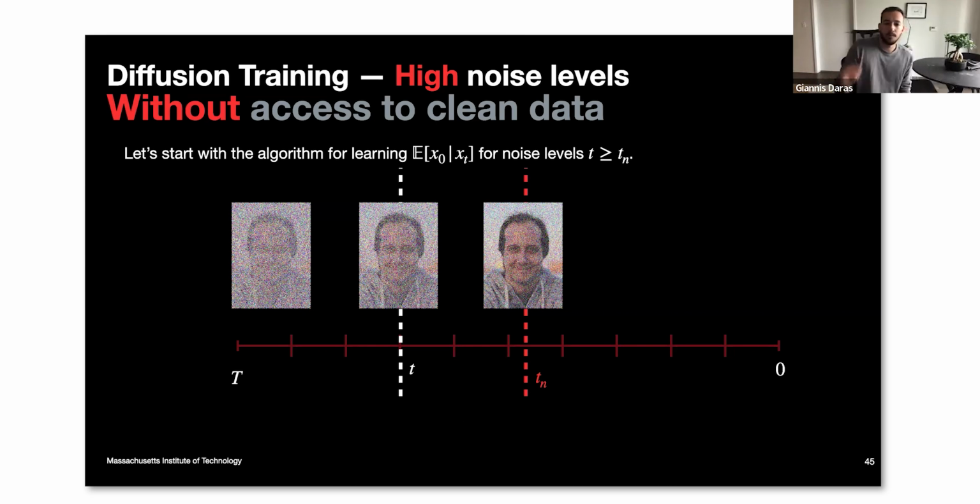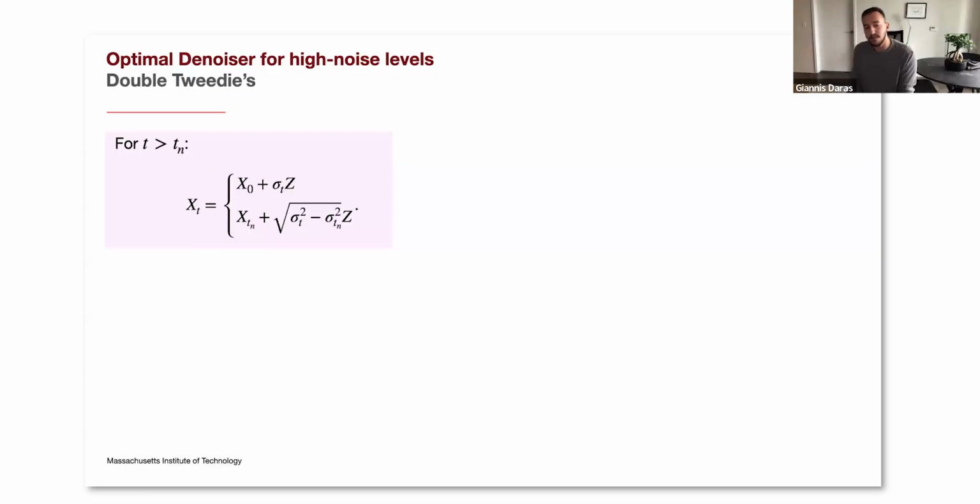Now I'm going to talk about math for only one slide. I promise you. I want your attention for this one slide because it's actually a pretty simple idea, so I think it's worth going over. Here's the idea. We have this XT, our noisy image, and there are two alternative ways to view it.